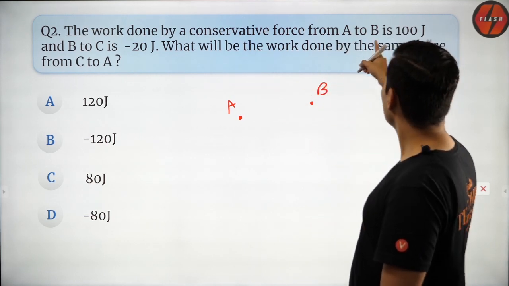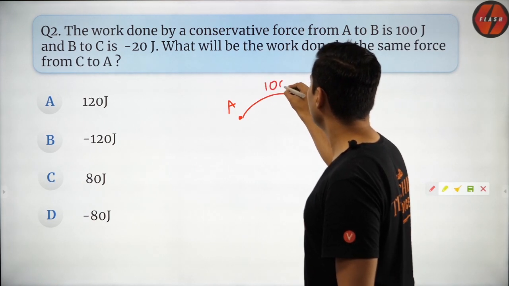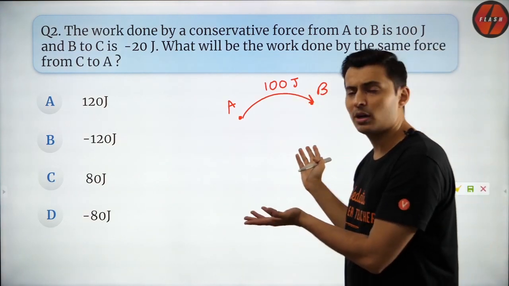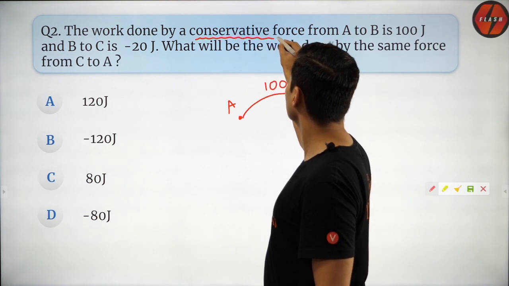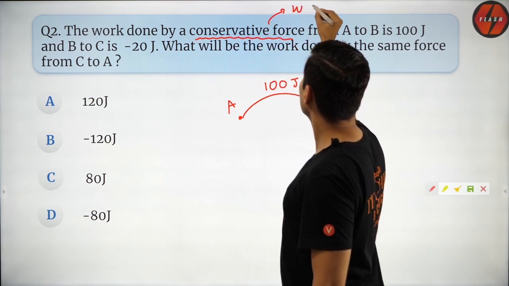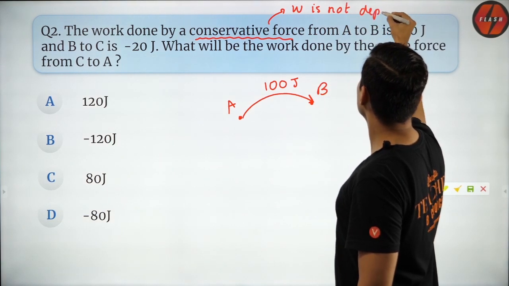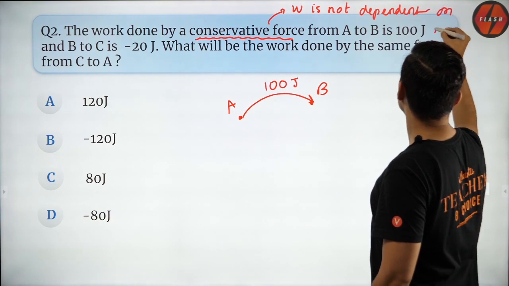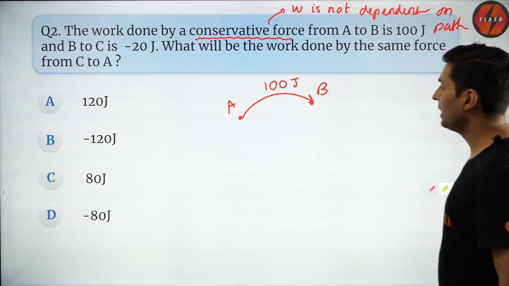From A to B, 100 joules of work is done. The path does not matter. Remember, it's a conservative force. So for a conservative force, the work is not dependent on path. Okay, I have very little space out there.